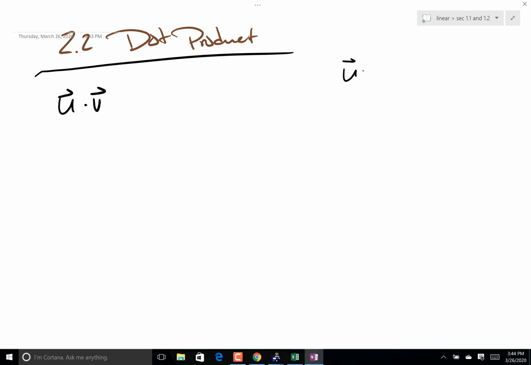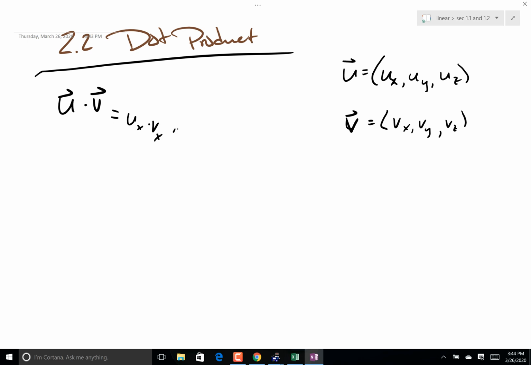So if U is equal to Ux, comma Uy, Uz, whatever, and V is equal to Vx, Vy, Vz, then U dot V is going to be equal to Ux times Vx plus Uy times Vy plus Uz times Vz. And that's it. You're done.